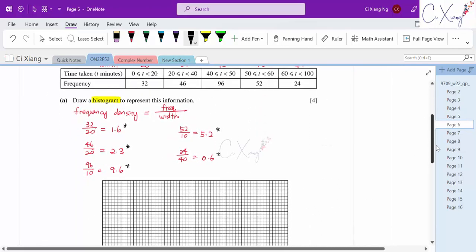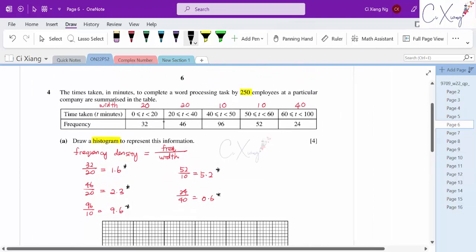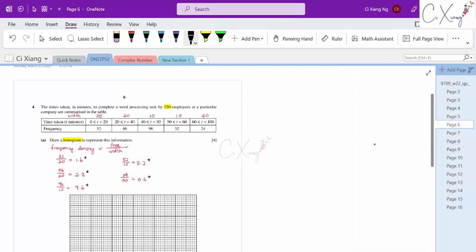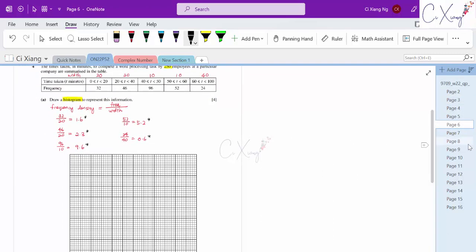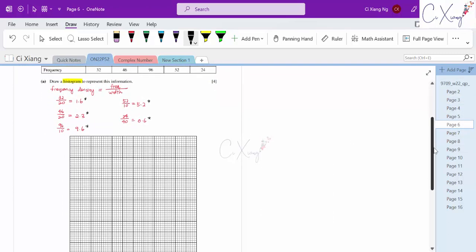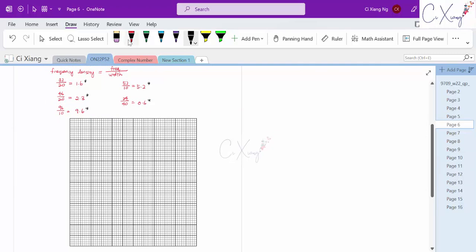Okay, so before you can draw the histogram, let's label the x and y axis. I will make it smaller so that you can see clearer. I need a value for all the frequency densities. If you try to sketch, maybe I'll start.